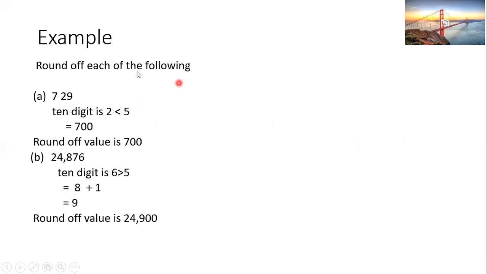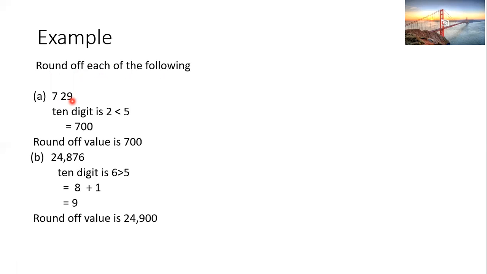So listen. The first example is: round off each of the following numbers. The first one is 729. Listen children, in this, you change the 100-digit place. So first look at the 10-digit, not the 1-digit. 10-digit means that is the second digit.